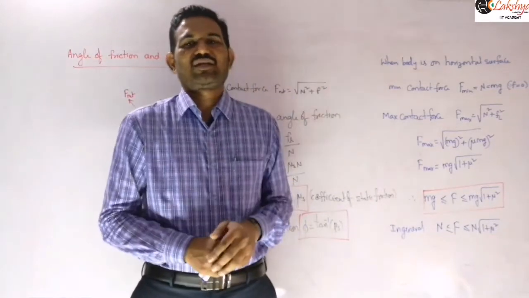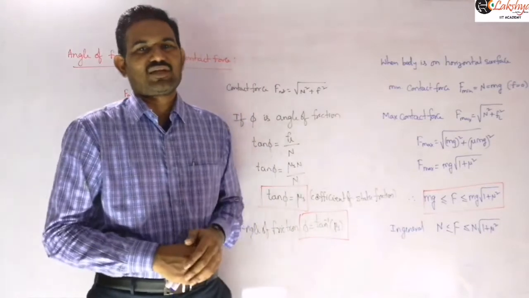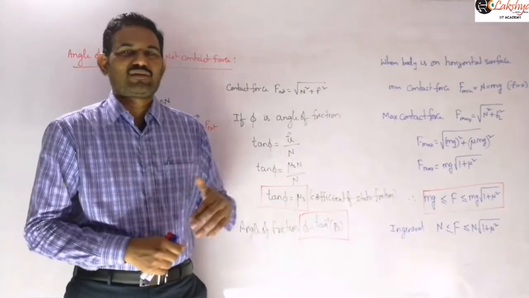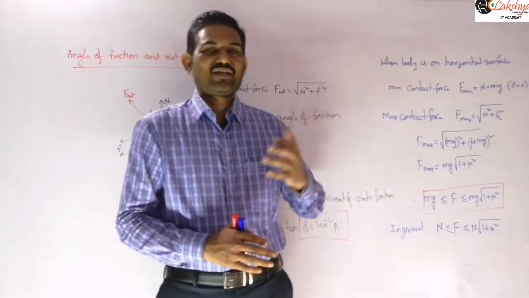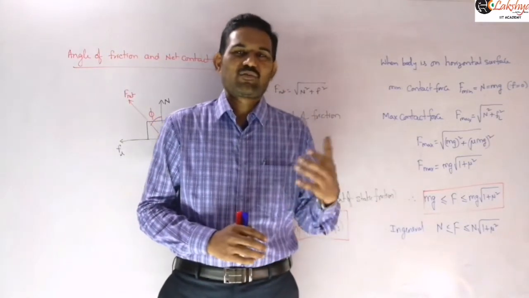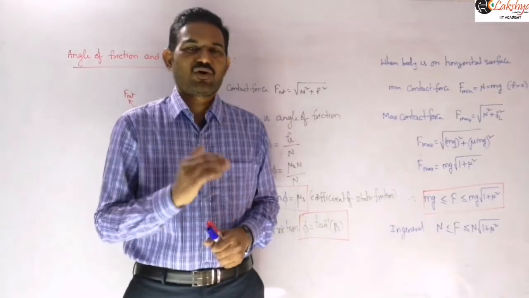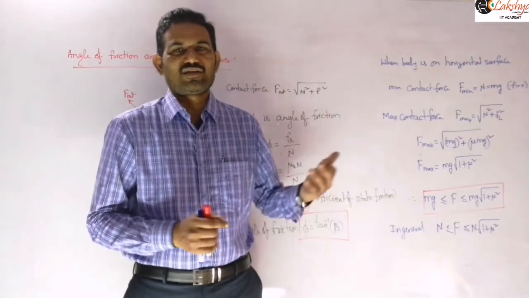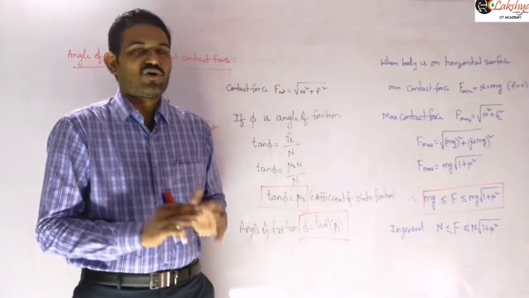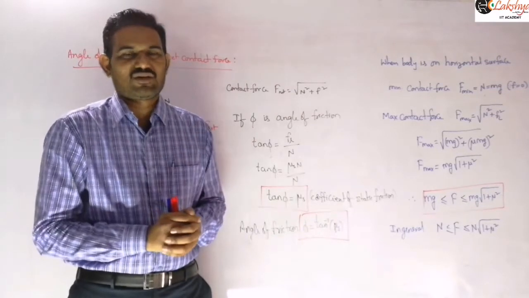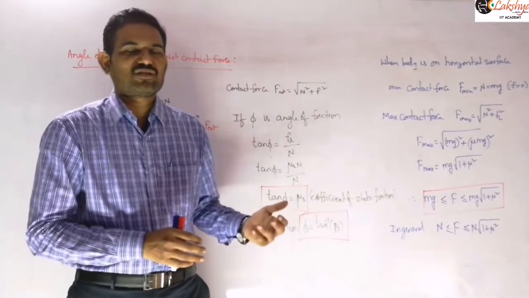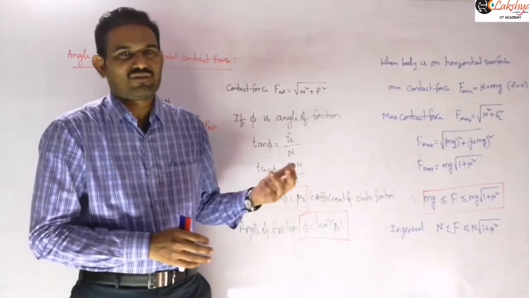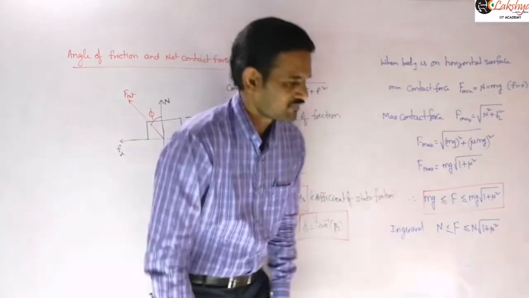When a lift is accelerating upwards, then m of g plus a, and if it is moving downwards, then m of g minus a. And similarly when it is on the inclined plane, the normal reaction value is mg cos theta, where theta is the angle of inclination. So always don't write N as the mg value. It depends on the situation: on which surface the block is placed and whether the surface is accelerating or not, right.